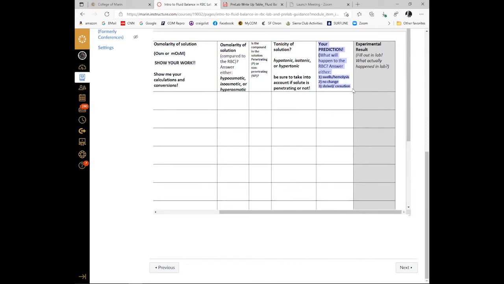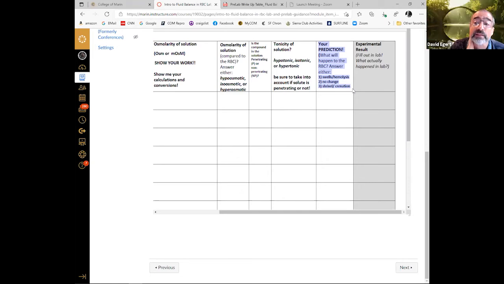A dependent variable is going to be the fate of the red blood cell. Does it explode? Is it happy? Does it shrivel? That's our dependent variable. That's the thing that we are going to make predictions about in the hypothesis and then actually check for when we do the actual experiment.